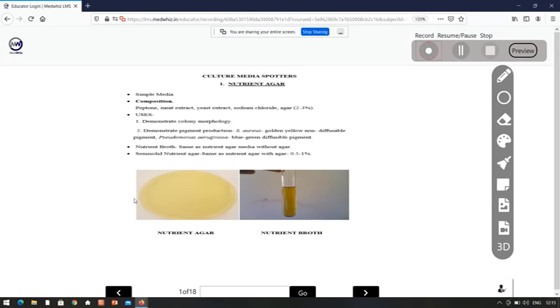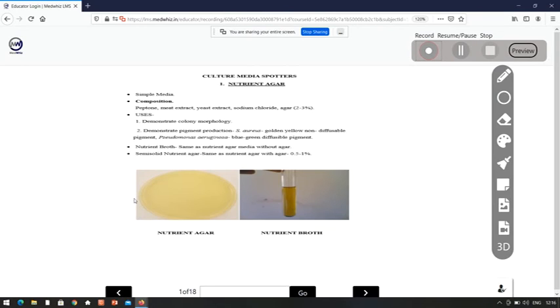Among such culture media, the first one is nutrient agar. It is a simple medium. Nutrient agar is called a simple medium, and its composition is also very simple in nature. It contains peptone, meat extract, yeast extract, sodium chloride, and agar, up to 2 to 3% agarose added while preparing this medium, which forms the nutrient agar medium.